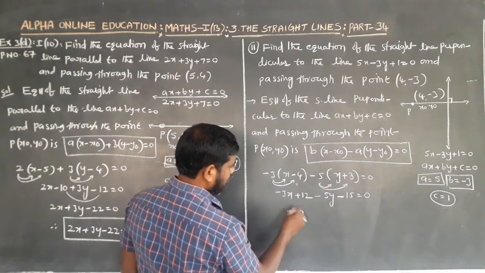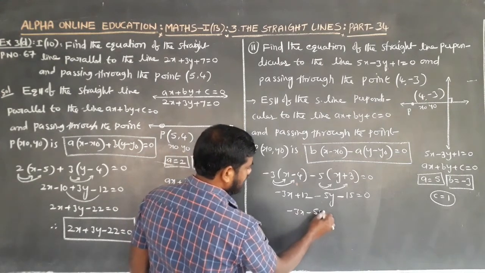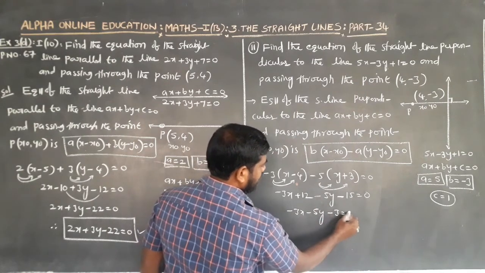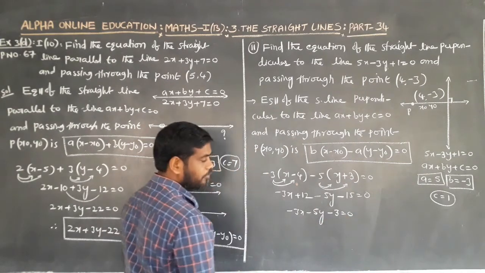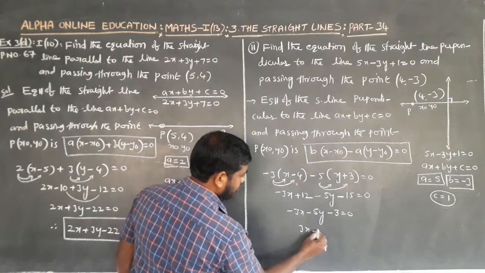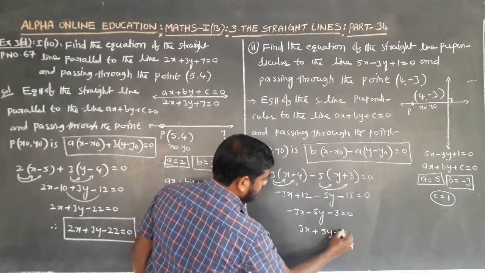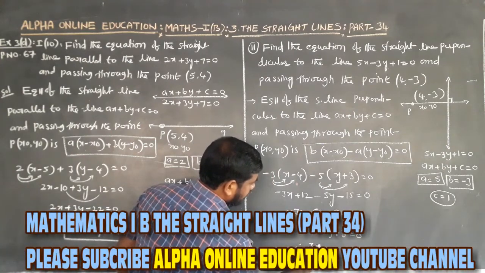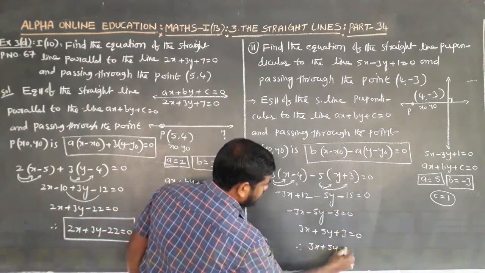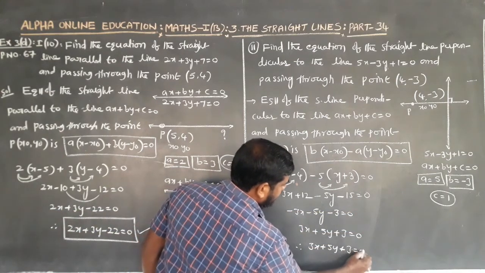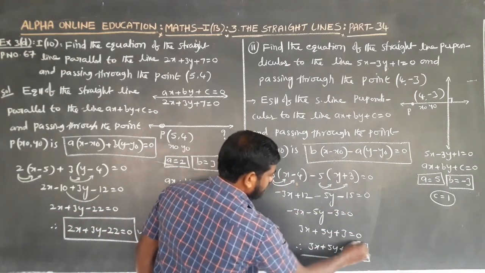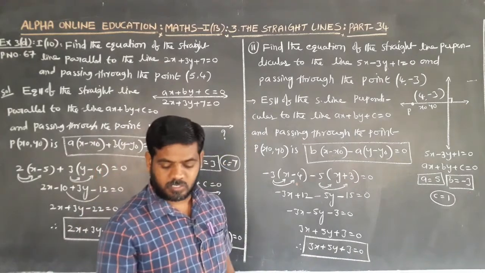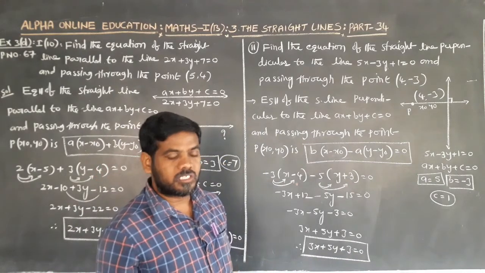Writing in order: minus 3x minus 5y minus 15 plus 12 minus 3 is equal to 0. Multiply with minus: 3x plus 5y plus 3 is equal to 0. Therefore, the required equation of the straight line is 3x plus 5y plus 3 is equal to 0.